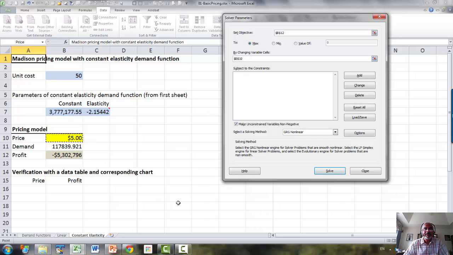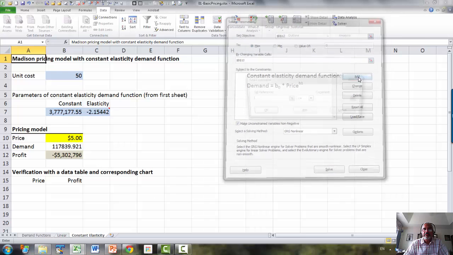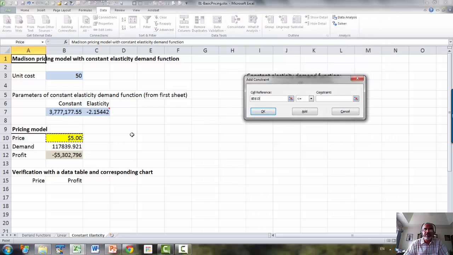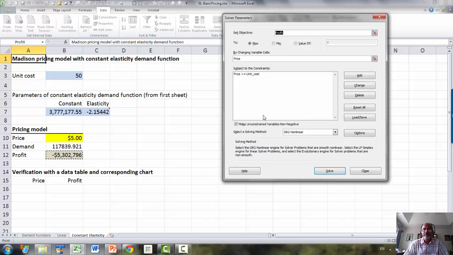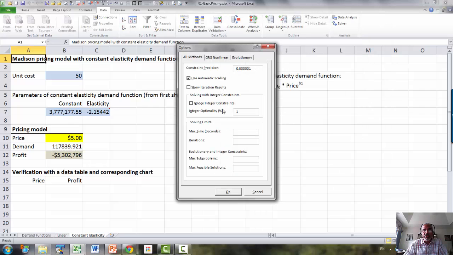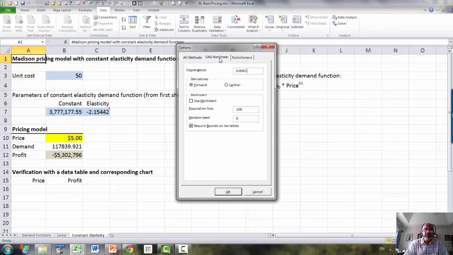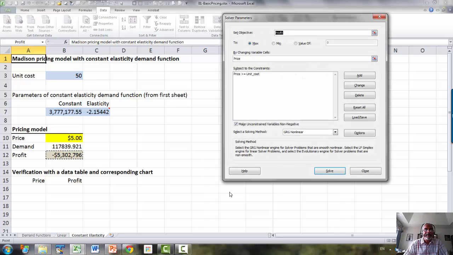So price, and once again we can add price is greater than or equal to unit cost. So let's okay that. Now let's go back in, make sure that under GRG nonlinear multi-start is checked, and we don't want any bounds. Okay, now click OK and solve.